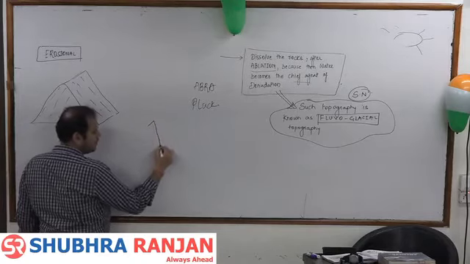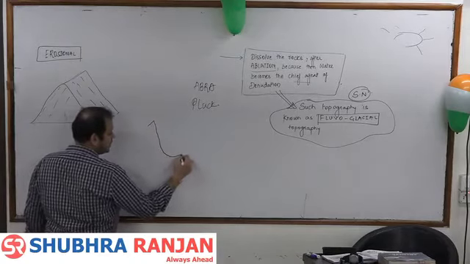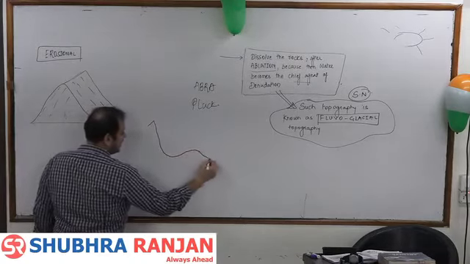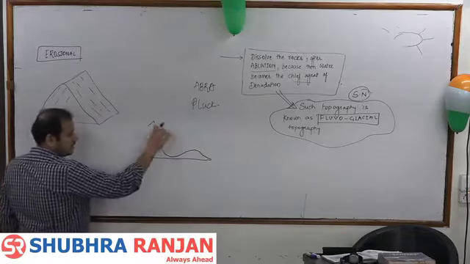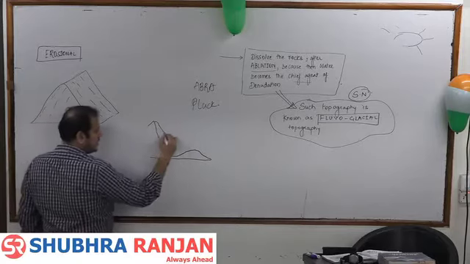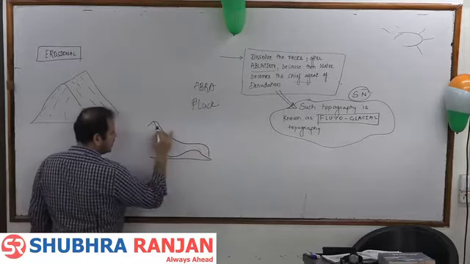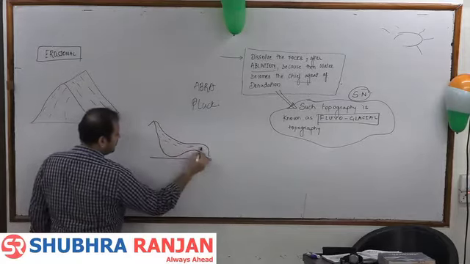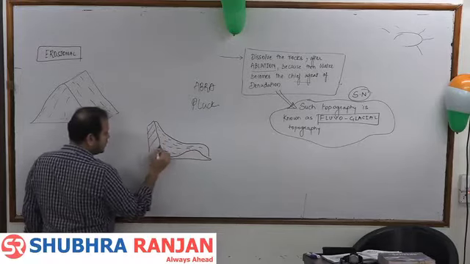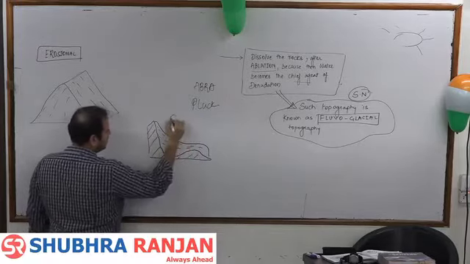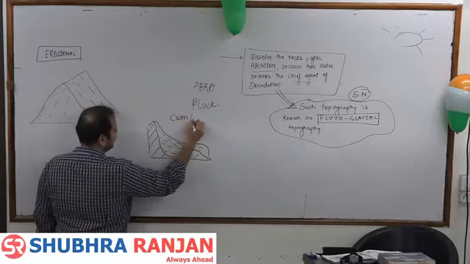By the process of plucking and by the process of abrasion, this mountain's one side will resemble as if somebody has removed the mountain, and from here the glacier will be moving. So this part of a mountain which has become very steep and has been removed is what is known as CWM or Kori.